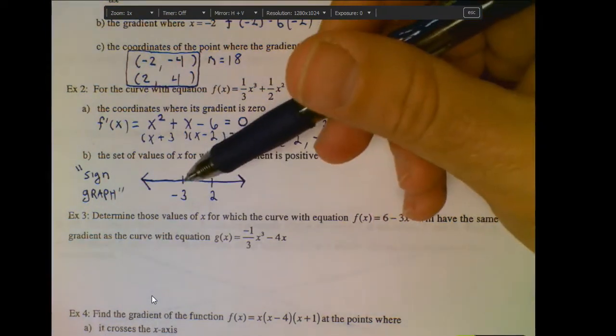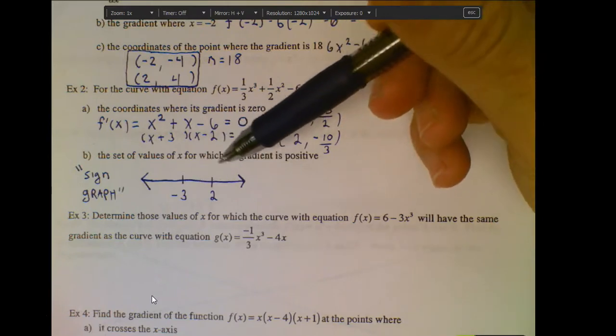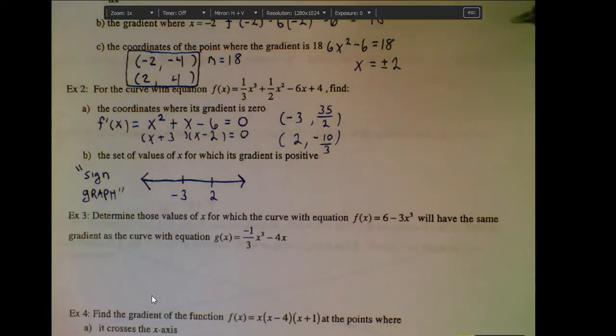If the gradient was 0 at those points, that must mean that surrounding them in these areas, it's either positive or negative. So we start by just identifying the points where the gradient was 0. And now we're going to test a number in this area, and this area to see what kind of a slope we are getting. Remember, slopes come from derivatives. So if I were to test a number in this area, let's just say -4.